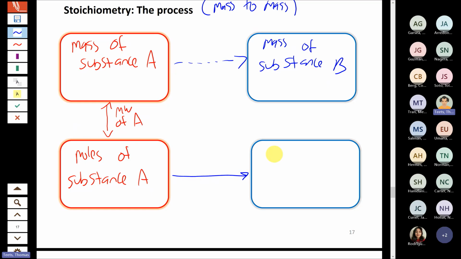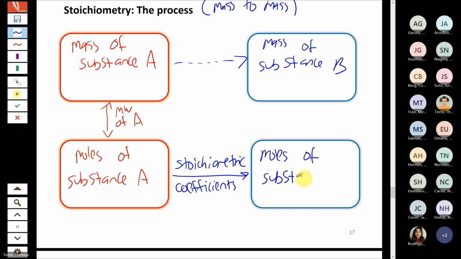And this is what stoichiometry actually refers to. We're going to use the stoichiometric coefficients, the coefficients from the balanced equation, to convert moles of substance A into moles of the other substance B. And then if it's asking for the mass of substance B, we can use its molar mass to convert into or out of that.